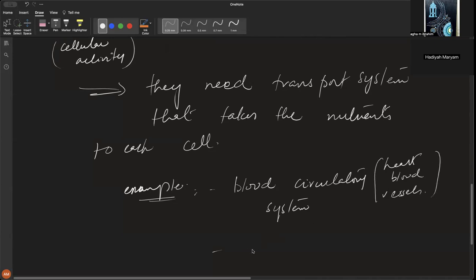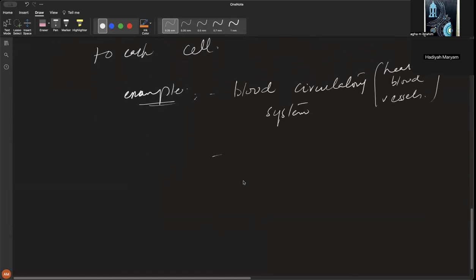Similarly, we have a respiratory, gas exchange system, right? Gas exchange system. We also have, in parallel, serving the same purpose as the blood circulatory system does in animals, in plants, a transport system, right?